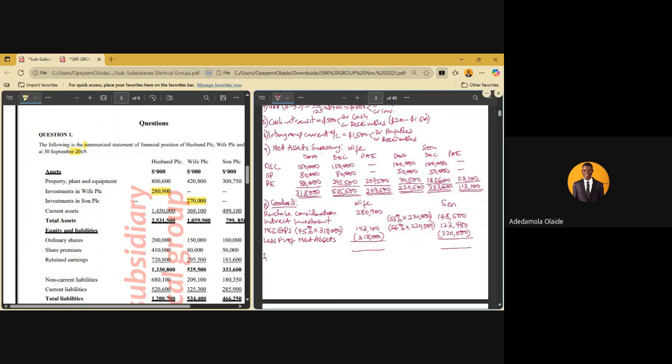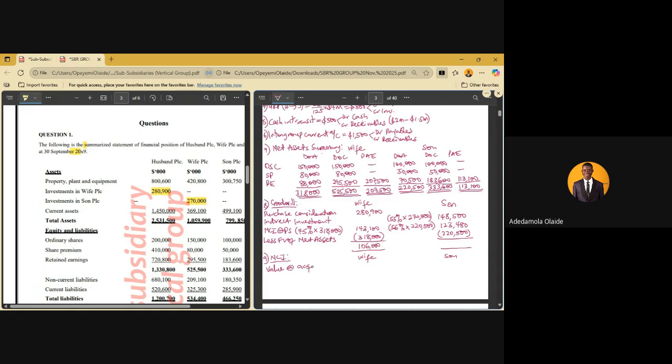Then we can now proceed to NCI, still wife and son. Value at acquisition for wife is 106,000.